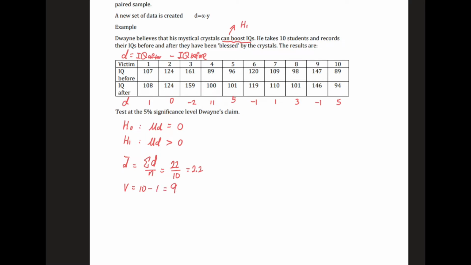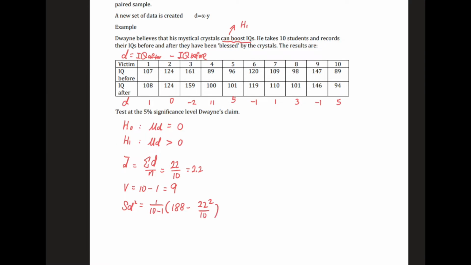We also need to compute the variance: 1 over n minus 1, then the sum of squared d's, which is 188, minus the square of the sum of d, 22 squared over 10.